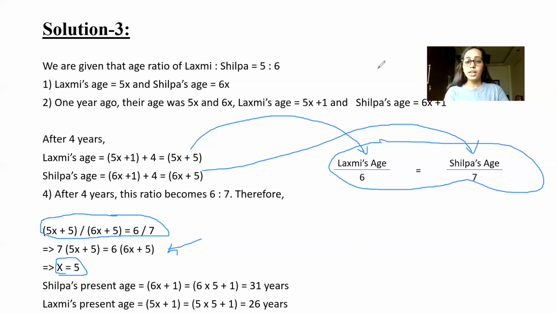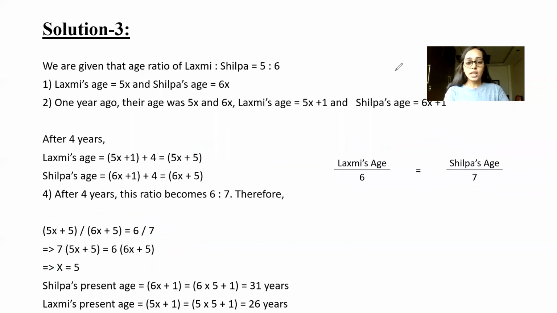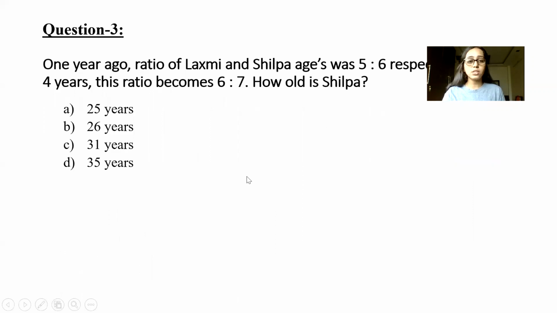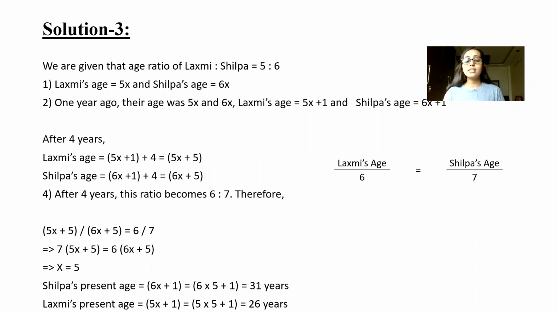Whatever you get is their current age in the present time. So we get Shilpa's age as 31 and Lakshmi's age as 26. Now let's go to the question and see what was asked. How old is Shilpa? Shilpa's age is 31 years. So the correct option is C, 31 years.